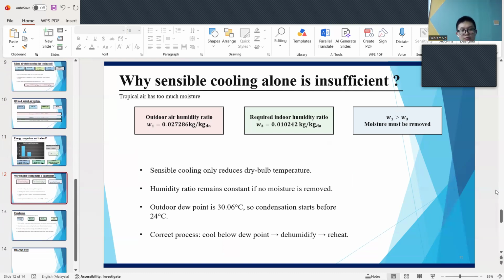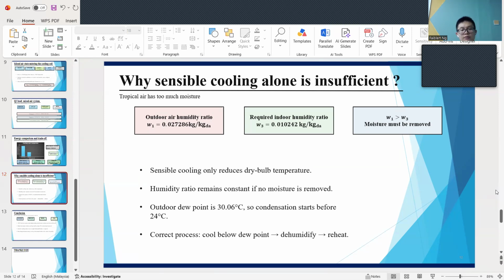For the outdoor air, the humidity ratio is 0.0272 kg/kgDA. For the required indoor condition, the humidity ratio is 0.010242 kg/kgDA. Since W1 is larger than W3, the outdoor air has too much moisture. If the outdoor air is only sensibly cooled to 24 Celsius, the humidity ratio will remain the same.